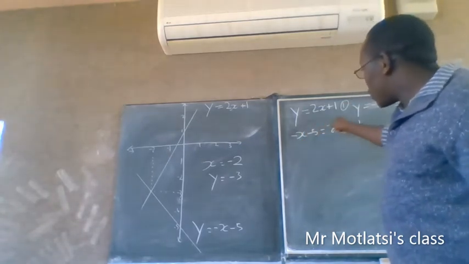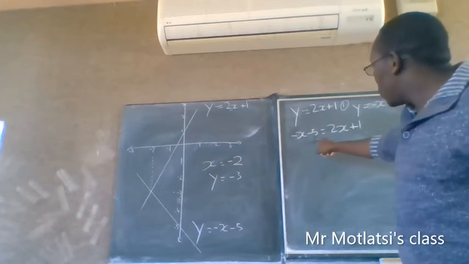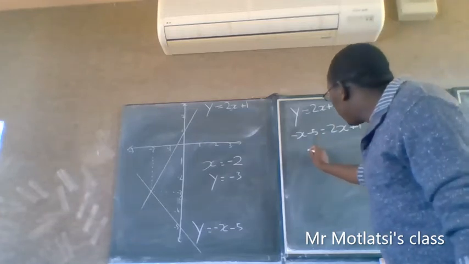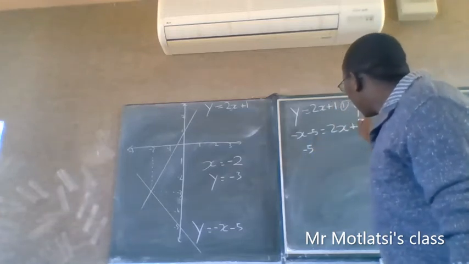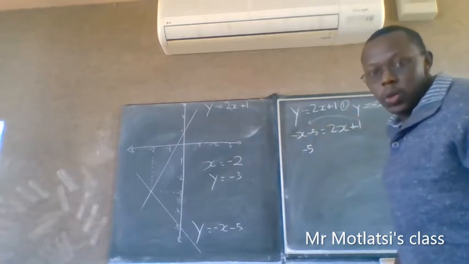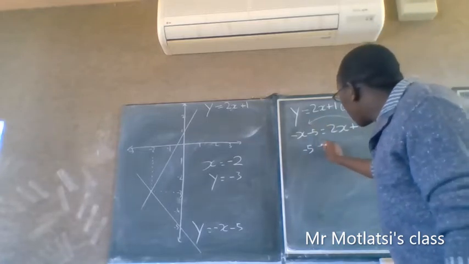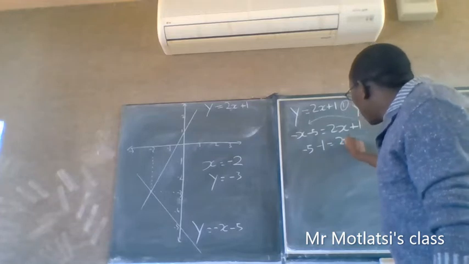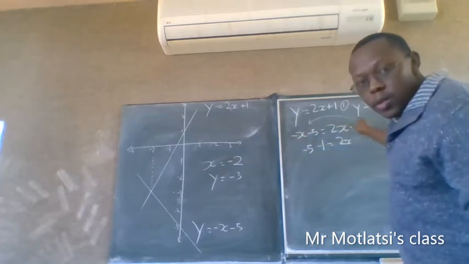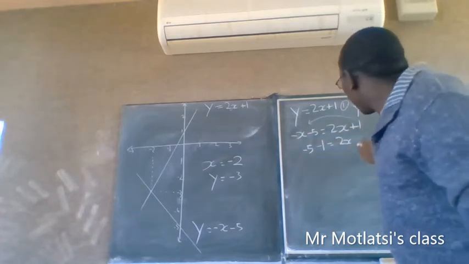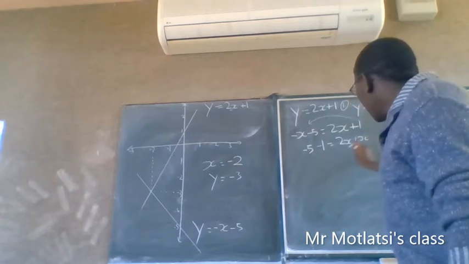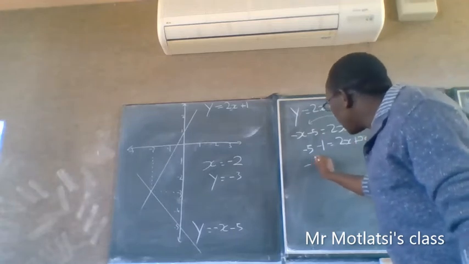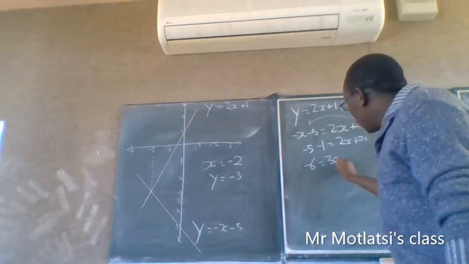We take minus x to the other side, and we take plus 1 to the other side. So minus 5, bringing 1 to the other side, it's going to change the sign: minus 1 is equivalent to 2x. Taking minus x to the other side is going to be plus x. So minus 6 is equivalent to 3x.